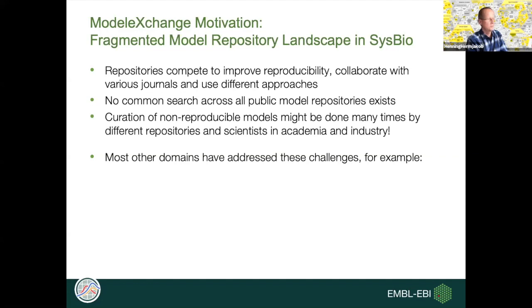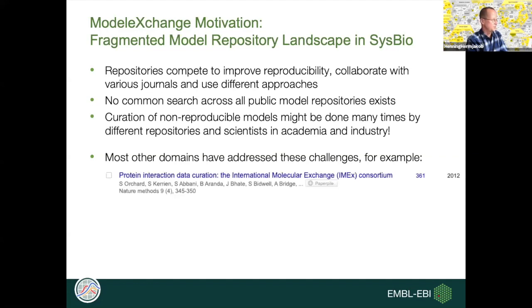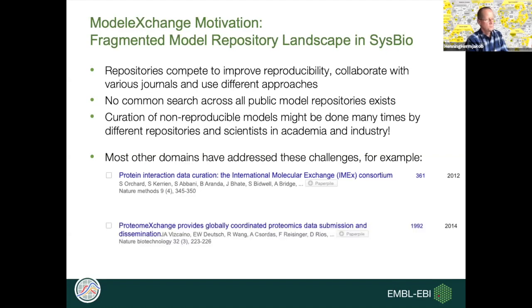And most other domains have addressed these challenges already, long before systems biology. From my own experience in the protein interaction domain, interaction databases have started in 2005 to coordinate their efforts and had the first big publication in 2012. ProteomeXchange has unified the repositories for proteomics, again, in activities starting around 2005, 2007, with the first big publication in 2014.